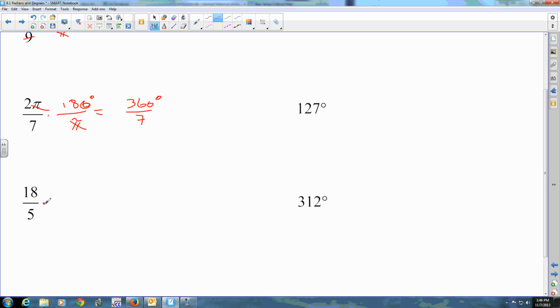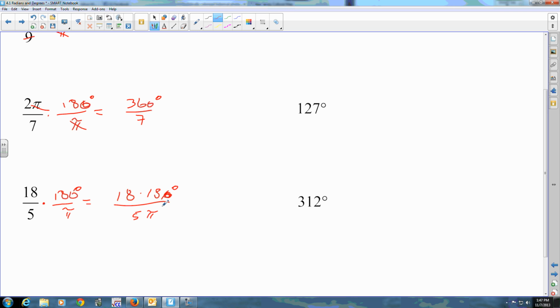18/5. What makes it radians isn't that it has a pi, it's that it doesn't have any units. And I'm telling you it's an angle, right? So you're still going to multiply by 180 over pi. Nothing's going to reduce though. It's just going to stay 18 times 180, yikes, over 5 pi.